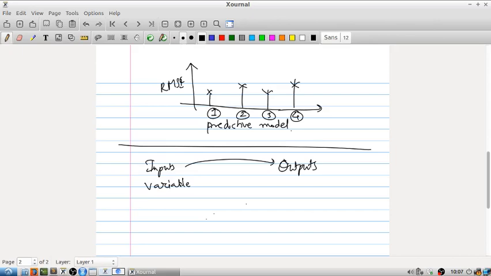So these measurements need not come from sensors. We hypothesize that there is some way to say something about the output given the input. That's the key hypothesis here, and we're going to call this procedure of going from inputs to outputs supervised learning.